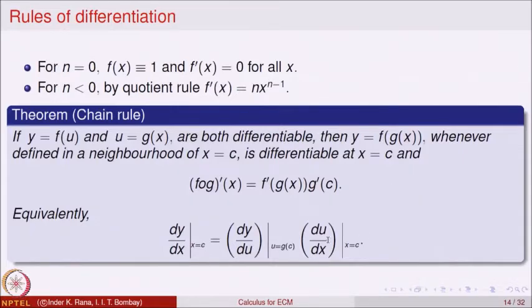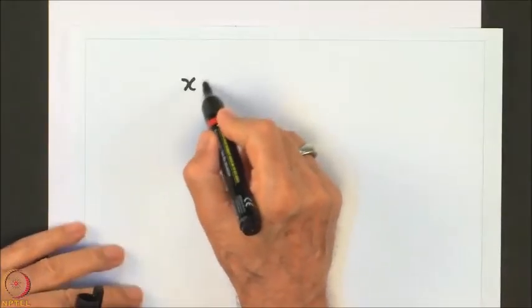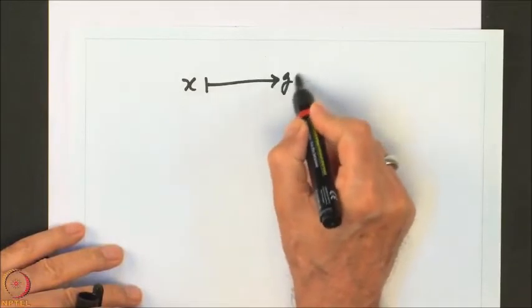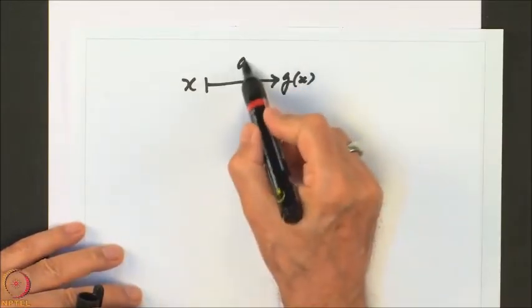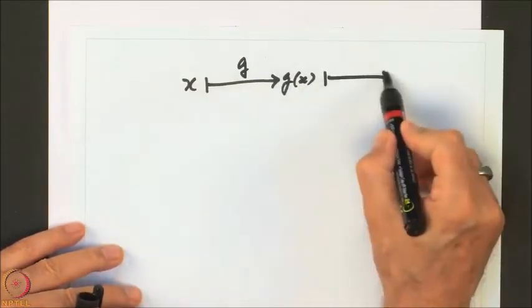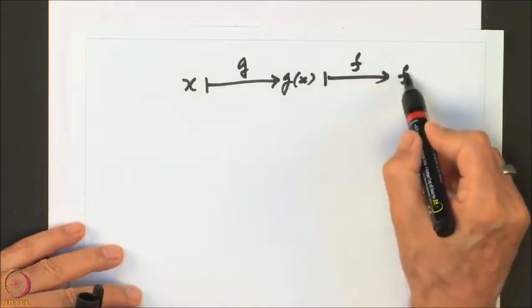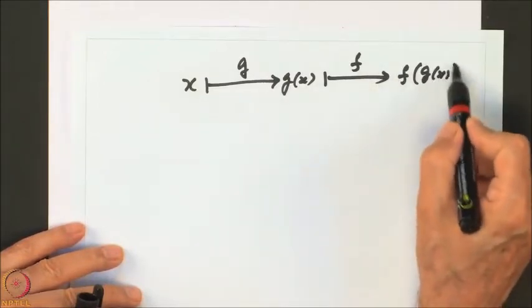So let me explain a bit more in a slightly more elaborate way. What does the chain rule mean? Basically what we are saying is, you have a point x and that goes into a point g of x. So this is the function g, and this by the function f goes to a value f of g of x.